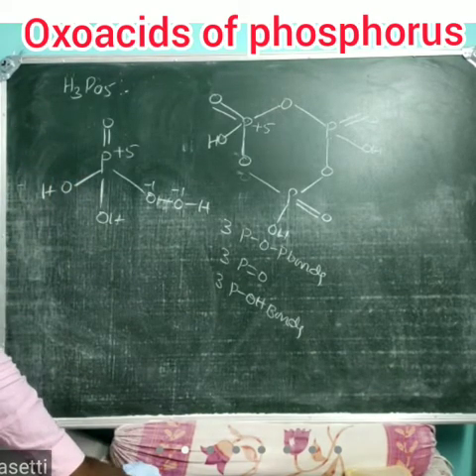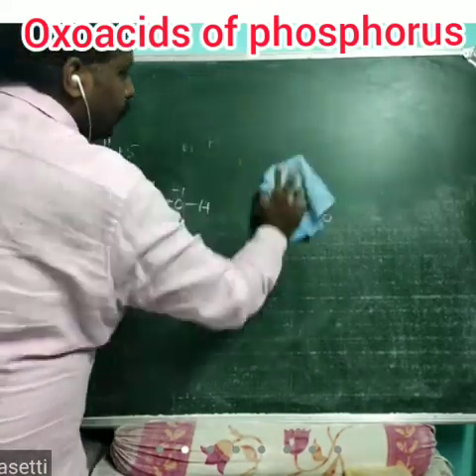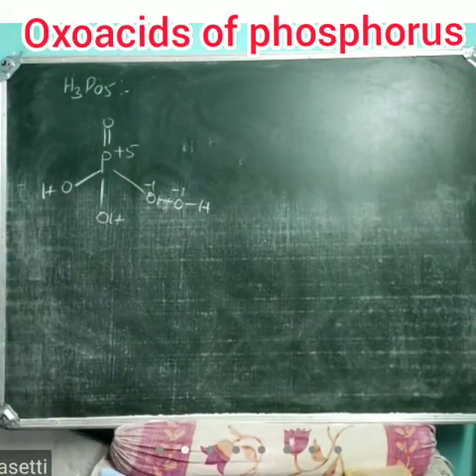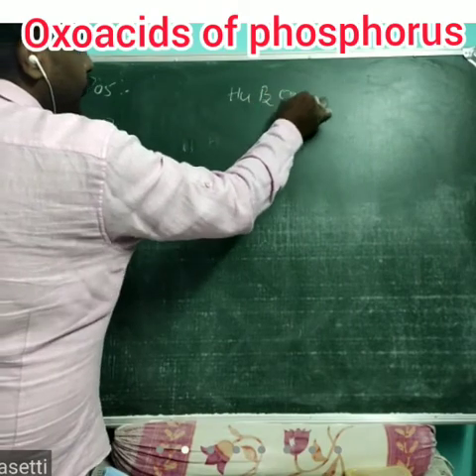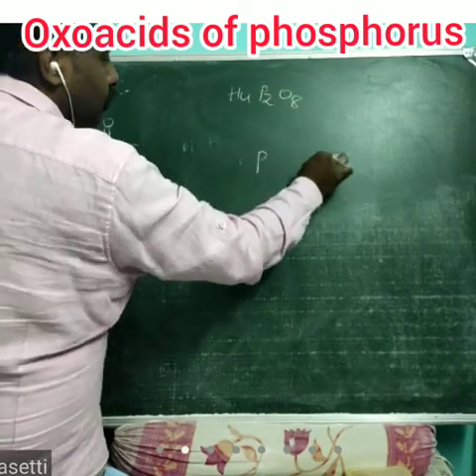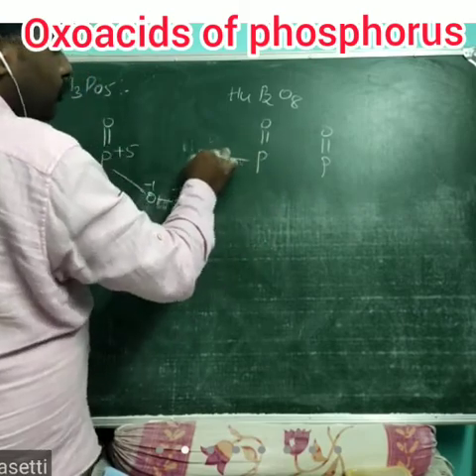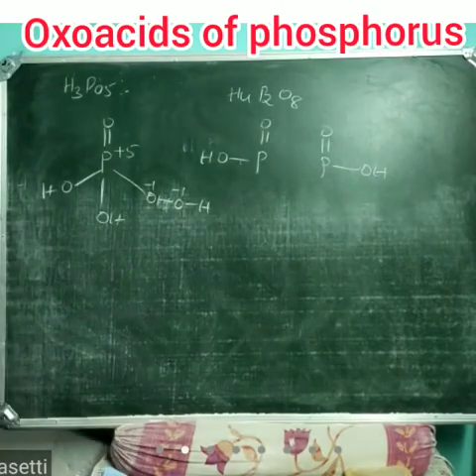And another one, peroxy diphosphoric acid. The formula is H4P2O8. So each phosphorus must contain 1 P double bond O and 1 POH bond.